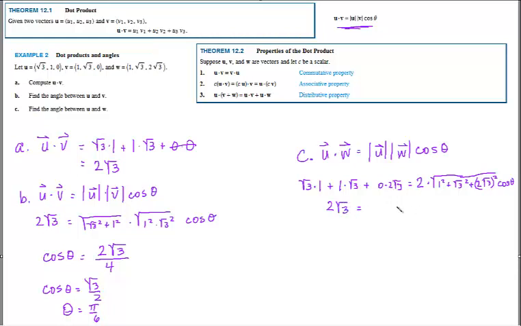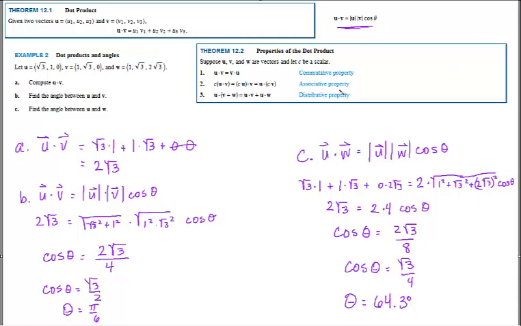The next is 2 times, and this ends up being square root of 16, which would be a 4. Cosine theta, and then I'll get that cosine theta is 2 square root of 3 over 8, and then cosine theta is square root of 3 over 4. You'll have to do an inverse cosine and get an approximate answer, and you get about 64.3 degrees. And that's the angle between those vectors.